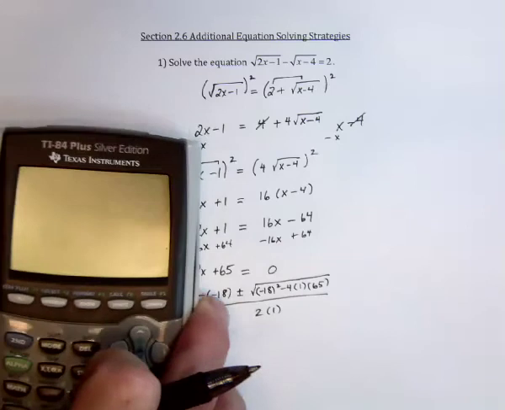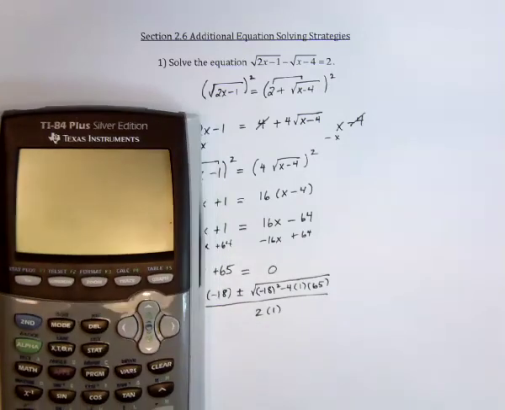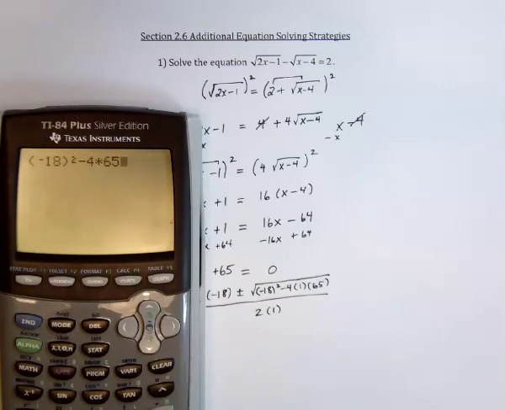And let's see, we've got inside the radical negative 18 squared minus 4 times 65. That's 64. Wow, that worked out nicely.